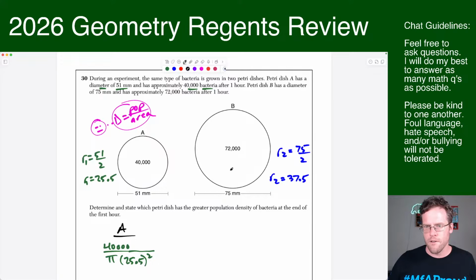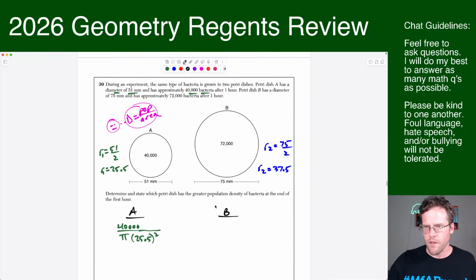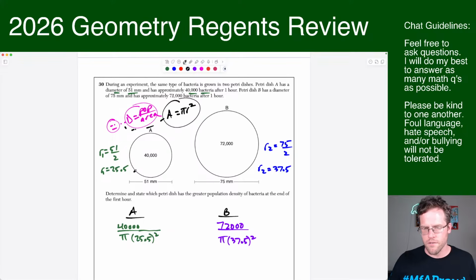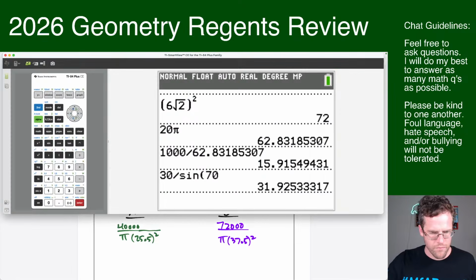For Petri dish B, the population is 72,000, over pi times the radius here, 37.5. Remember, I'm also thinking, area of a circle is pi r squared. So there's a bit to do here. And now just type this in.